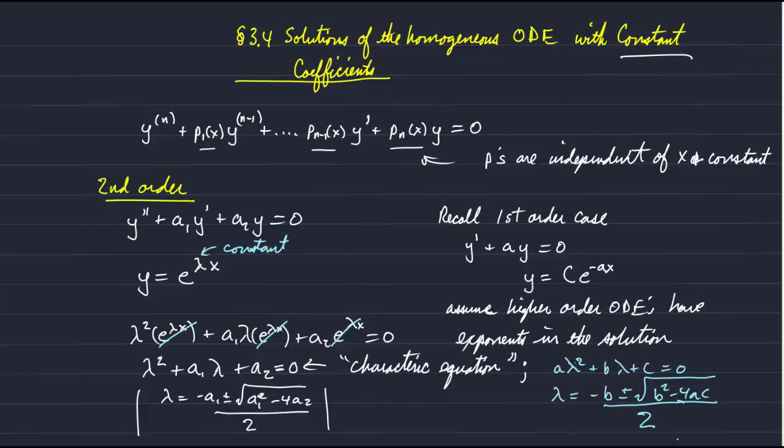And as you'll recall, an n-order ODE has n linearly independent solutions. A second-order ODE has two independent solutions, and in many cases, the two solutions for lambda will give those two solutions.